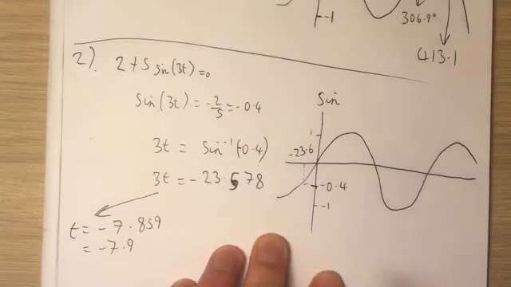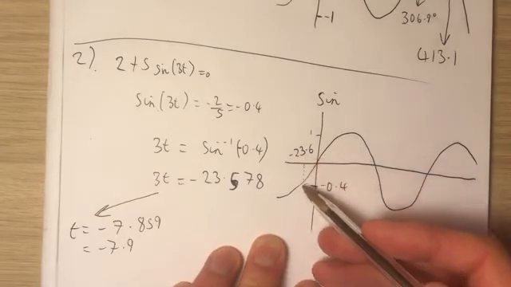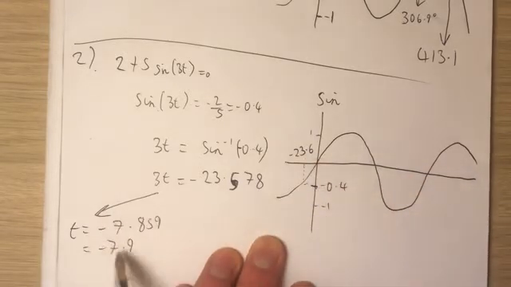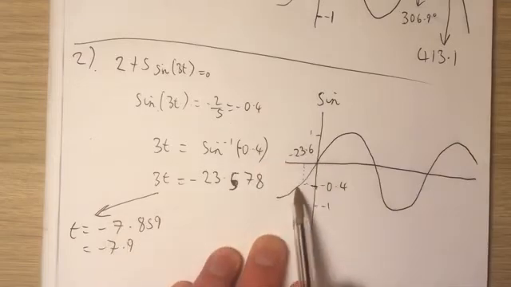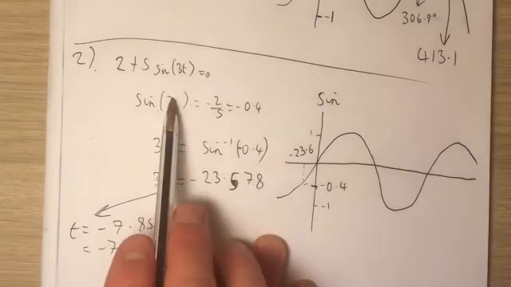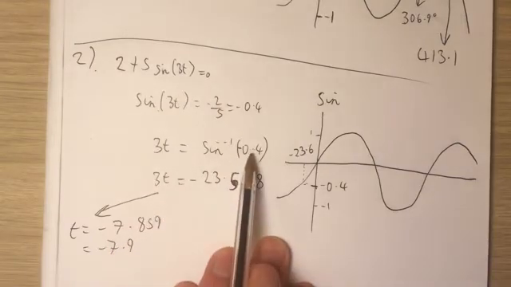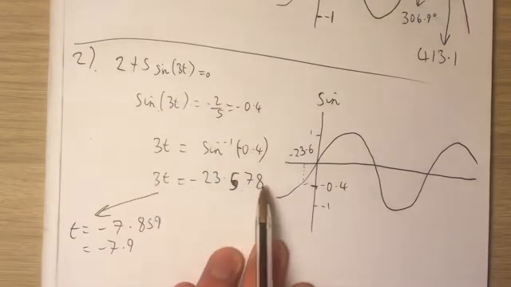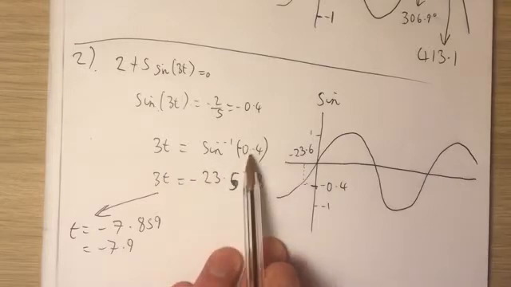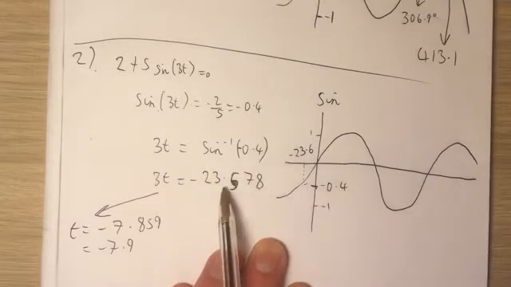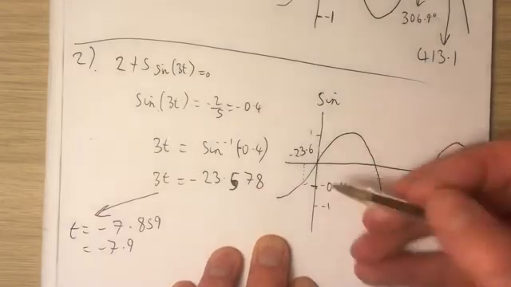So what have I done so far? I haven't been dealing with this section. I've been looking at using the sine graph at the point when I have the sine and then using it to get an answer. So here is my answer that I'm using. Inverse sine of negative 0.4 is negative 23.6.